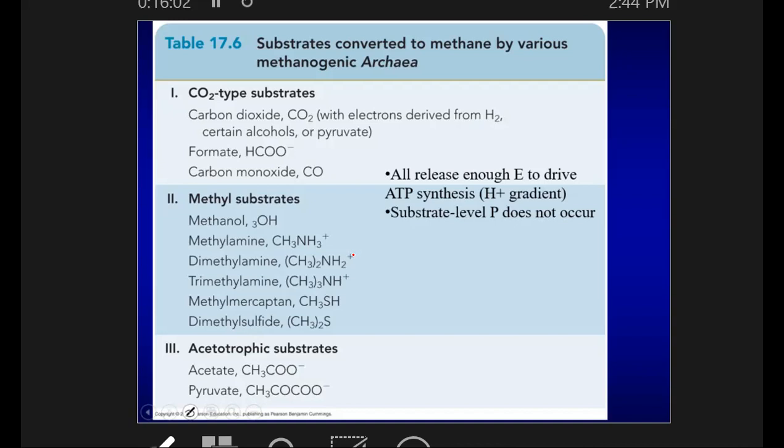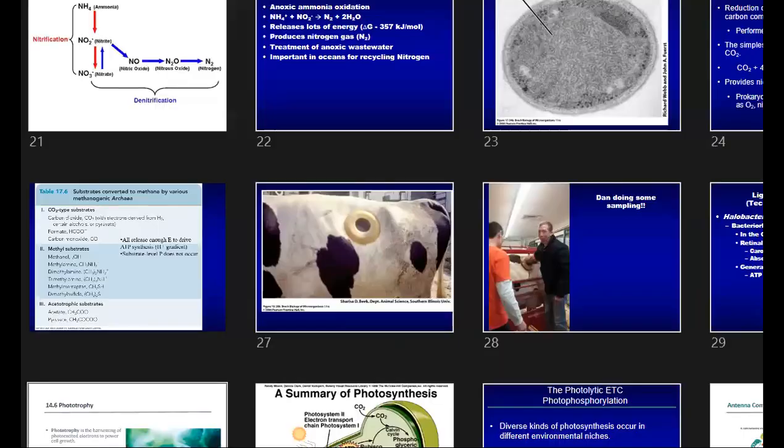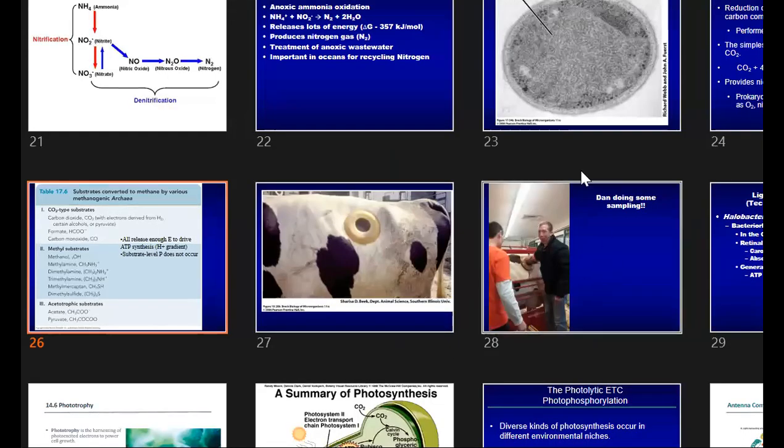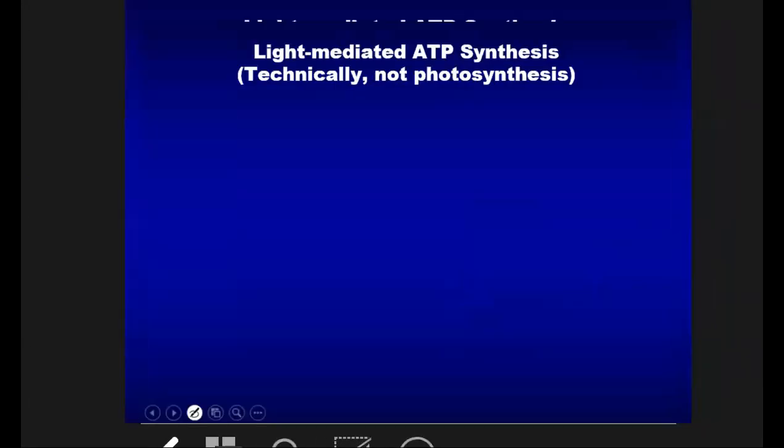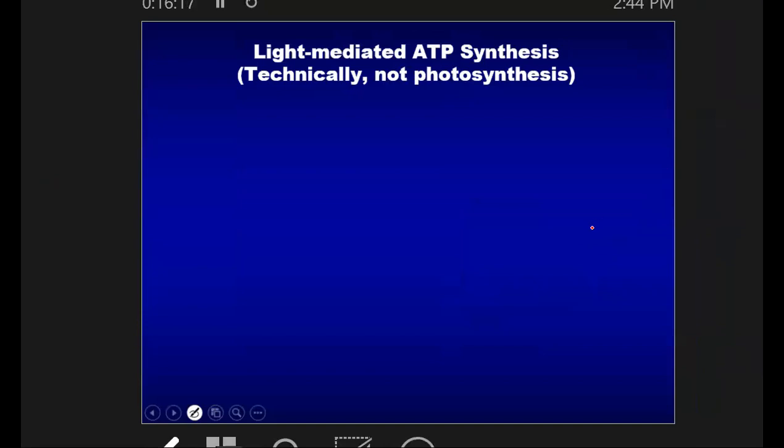They just don't seem to do that. So it's always this electron transport chain process idea. Okay, so that is a sampling.